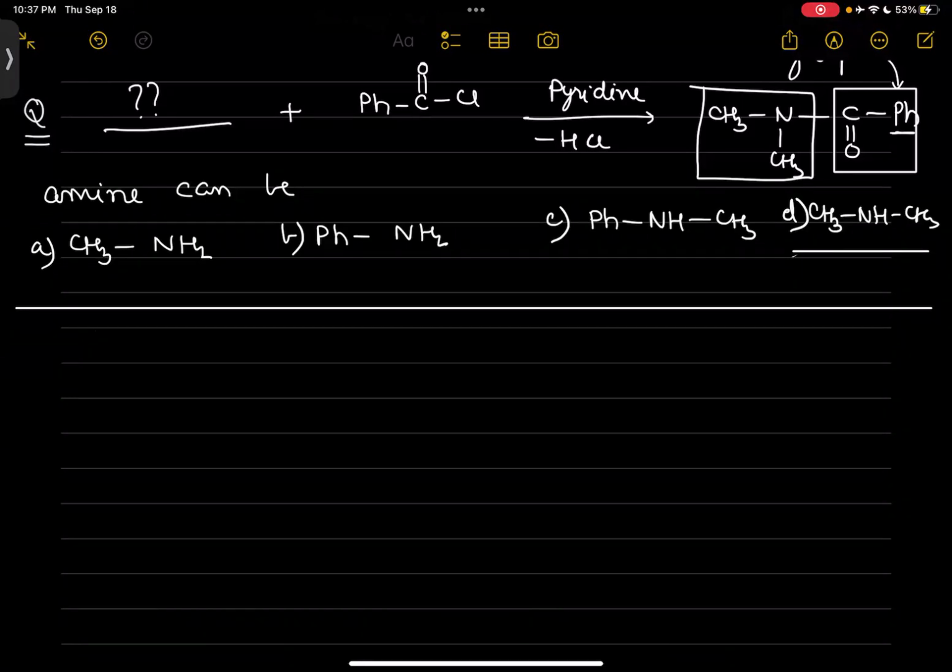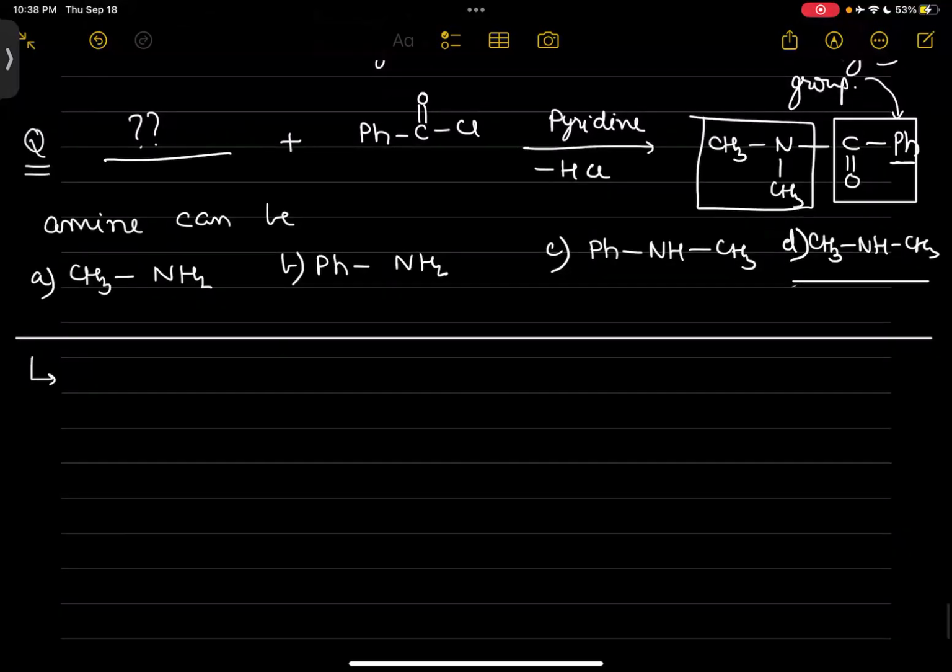What's the criteria for a reaction to be considered as a test?